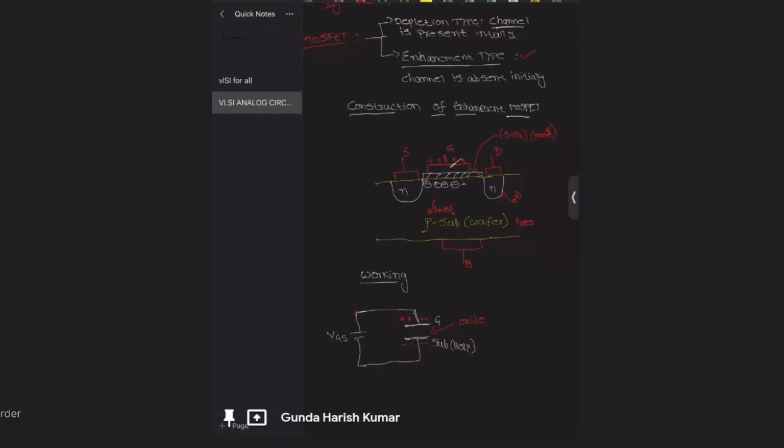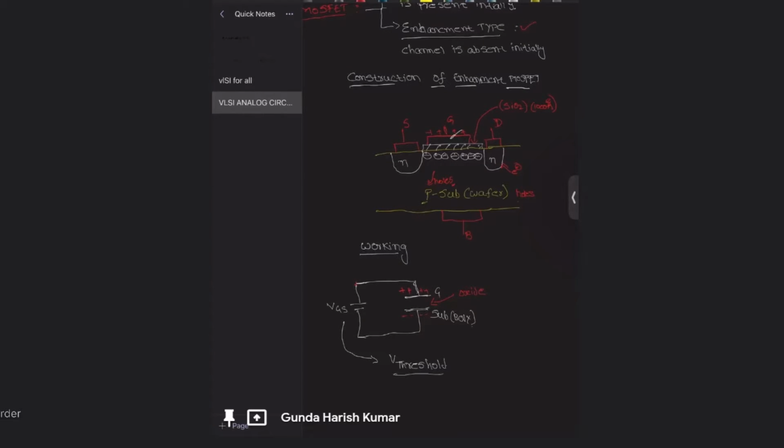So electrons will be accumulating here. If VGS crosses a particular voltage called the threshold voltage, this is the threshold voltage, meaning the amount of VGS required to form the channel.